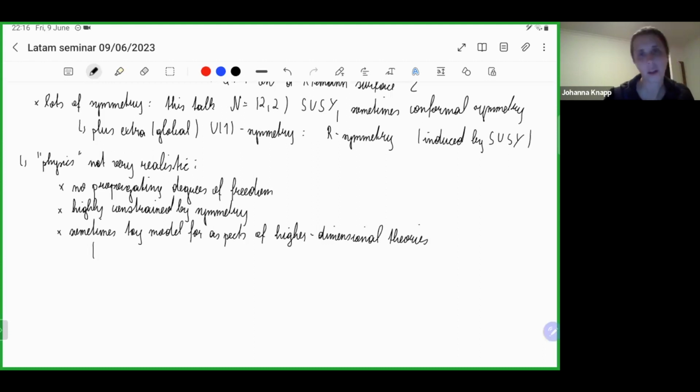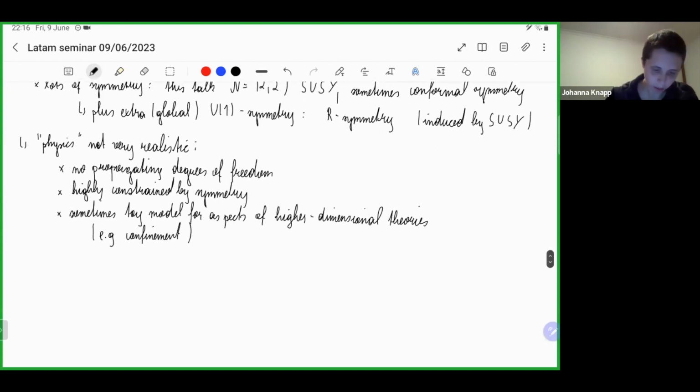So for these 2D theories that I'm going to discuss today, they don't have propagating degrees of freedom, but if you add fermions, they're actually a toy model for confinement. So confinement is still something very mysterious in 4-dimensional theories. So these low-dimensional theories, in principle, can help with understanding aspects of the higher dimensional theories.